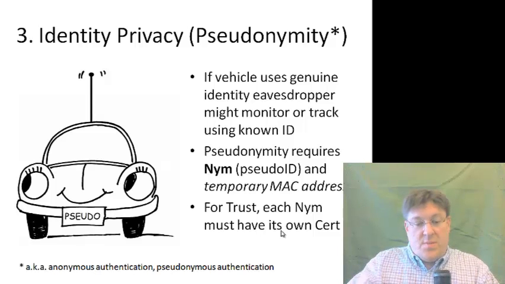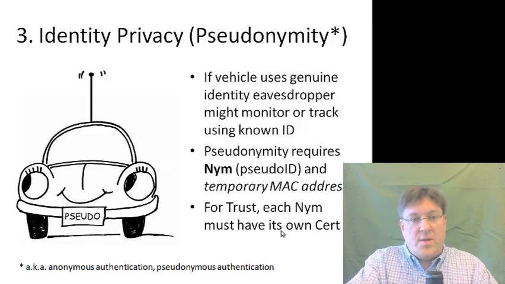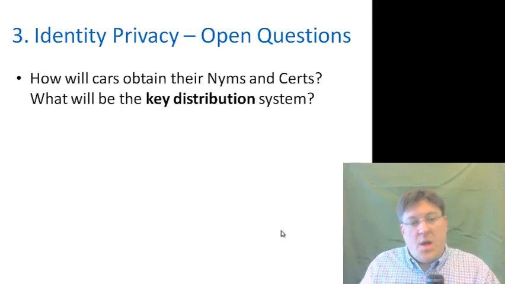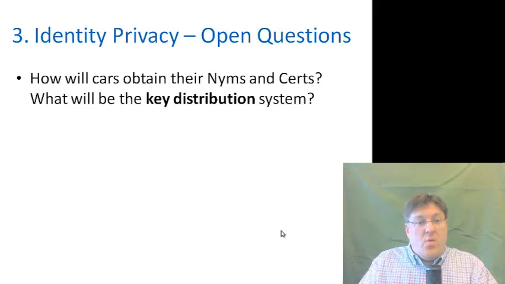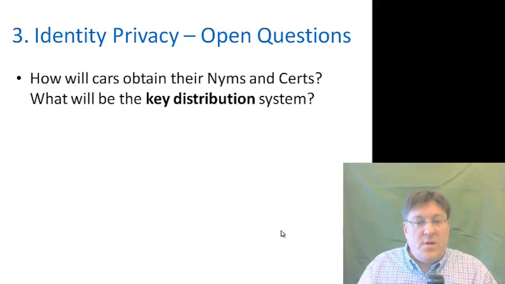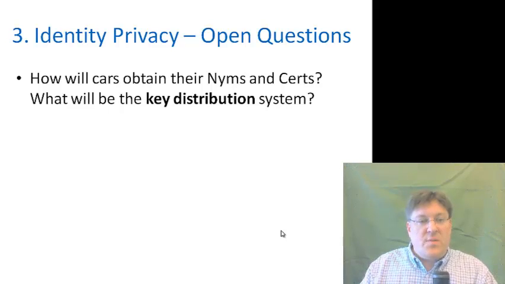That's a big deal. It's a major departure from the way things are usually done. And so the question would be, how will cars obtain all of these pseudonyms and certificates? How will they be distributed? What will be the distribution system for all this information?